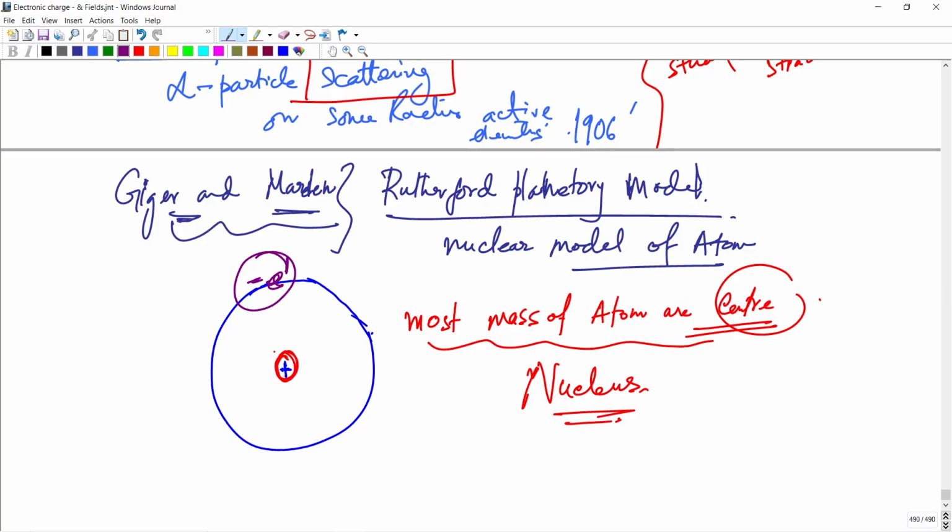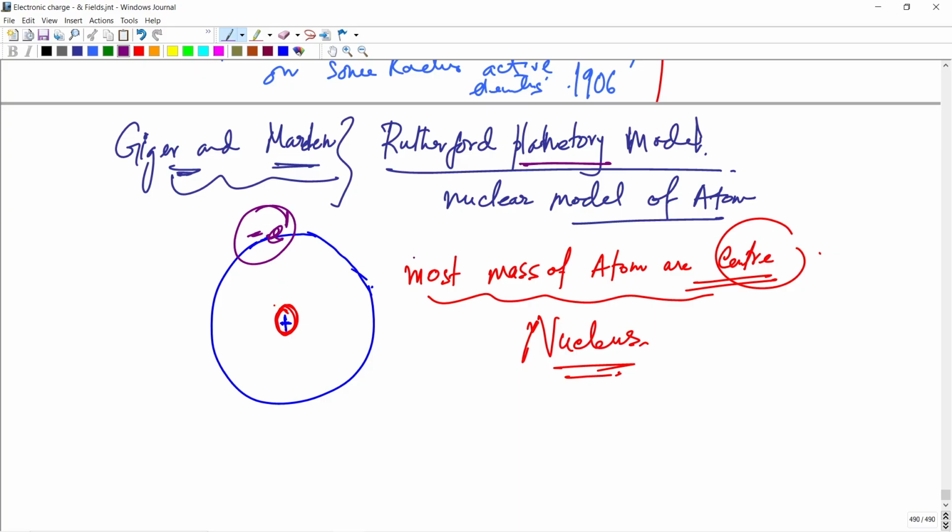Suppose there is the sun and this is the earth, revolving around it. The sun is replaced by the nucleus and the earth is replaced by the electron, and this model looks like planetary motion. That is the basic Rutherford model, called the Rutherford planetary model.